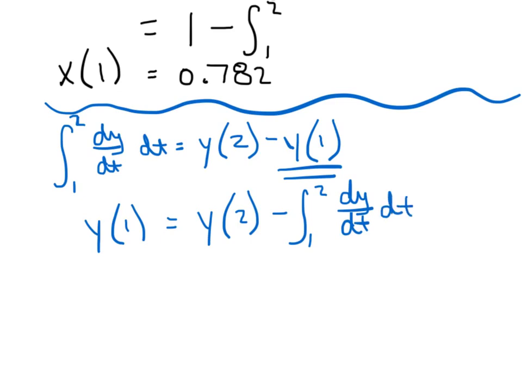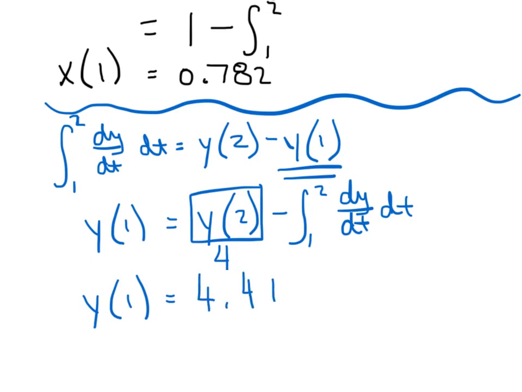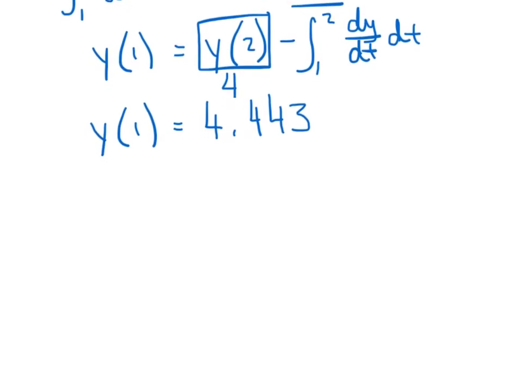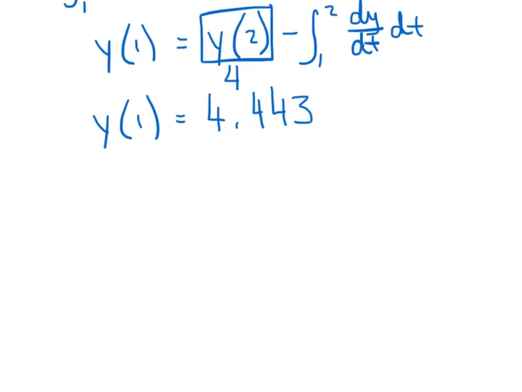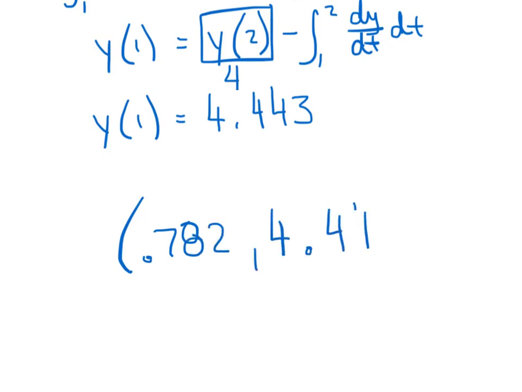We know that y of 2 is 4, and then we'll throw the definite integral into the calculator. I ended up getting 4.443 for the y-coordinate. If we put this all together, we could say that the position is (0.782, 4.443). Bingo, there it is.